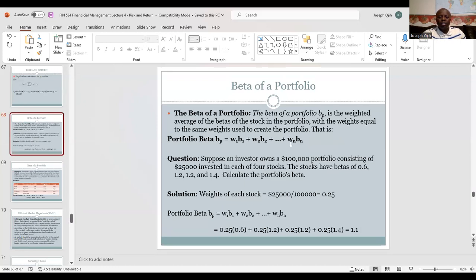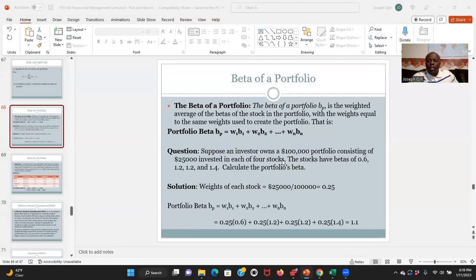In my previous lecture, I explained how to calculate the beta per stock. Now, a lot of people don't buy individual stocks. People buy a portfolio, which is a collection of stocks.